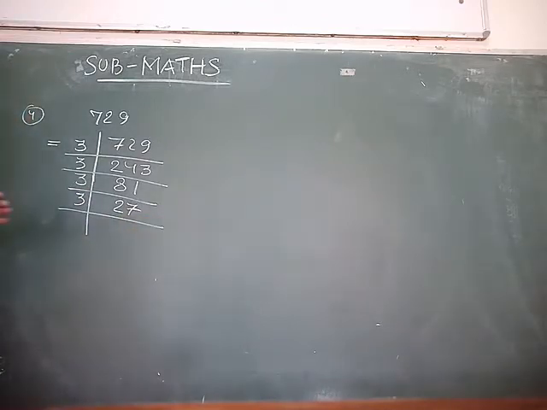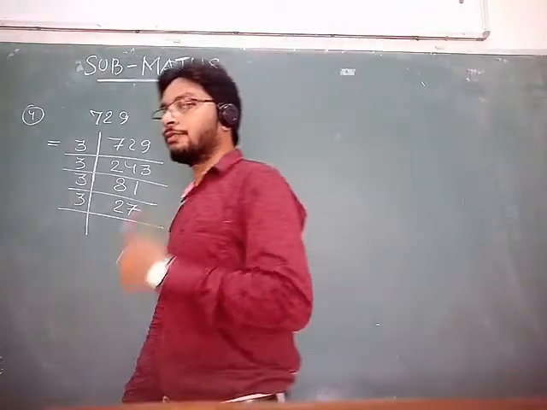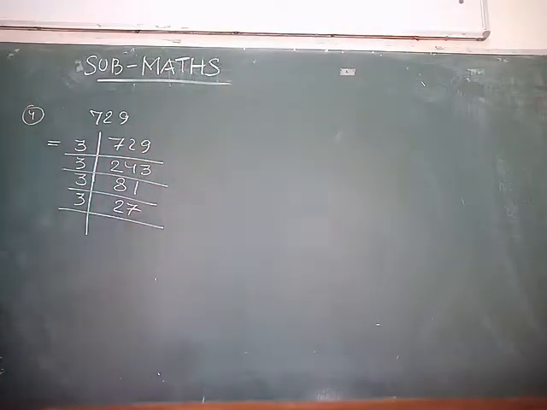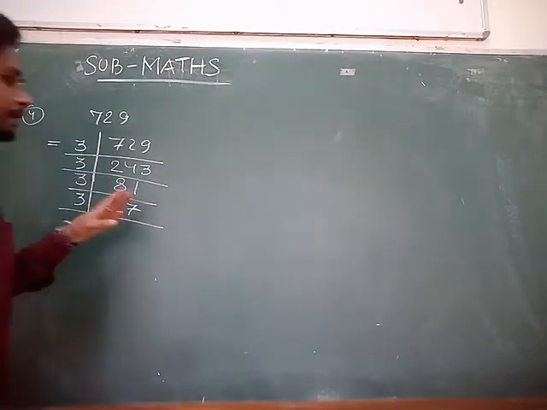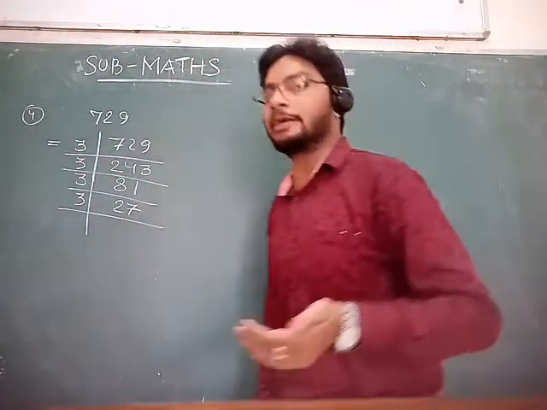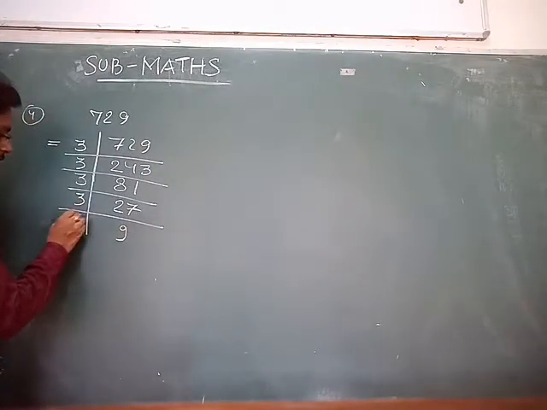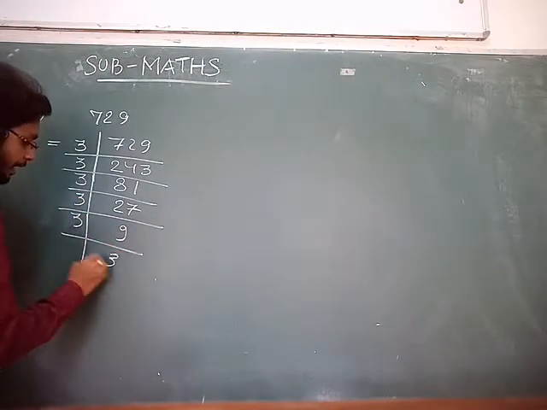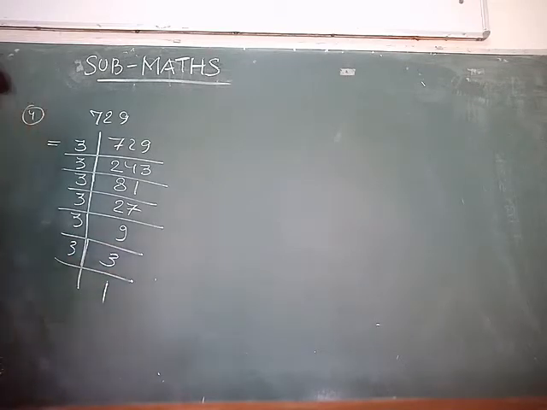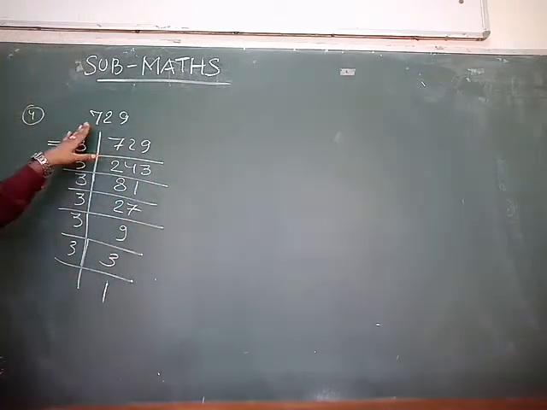We repeat this process until we get 1 in the last. जब तक हमें 1 नहीं मिल जाता हम लोग इस प्रोसेस को कंटिन्यूअस रखते हैं. ठीक है. So 3 9s are 27, 3 3s are 9, and 3 1s are 3. These are the prime factors of 729.